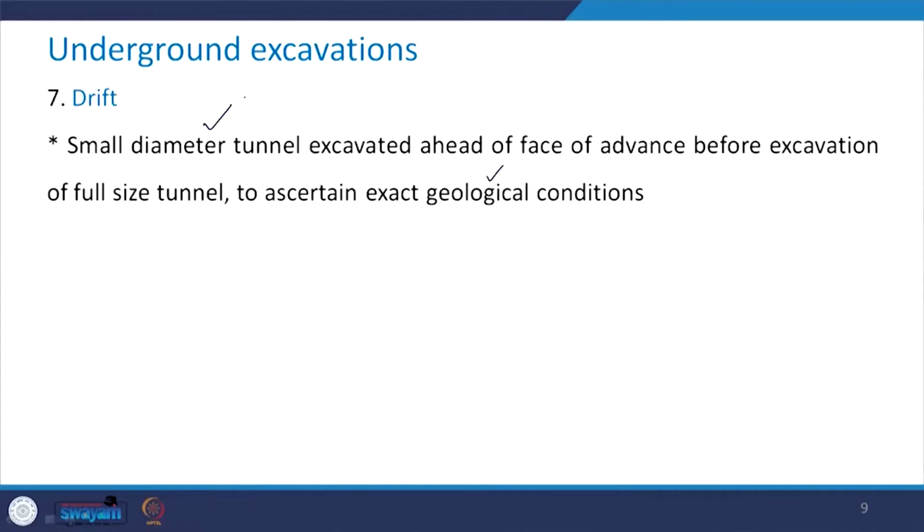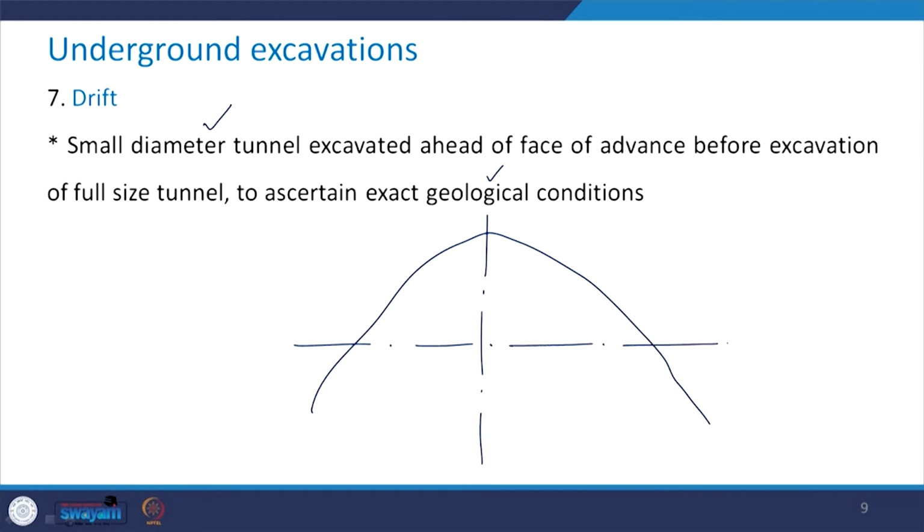So, in order to ascertain that, one needs to go for these small diameter tunnels. So, see, this is how it looks like. I have here a ridge line and say this is your hill and this is the axis of the tunnel.